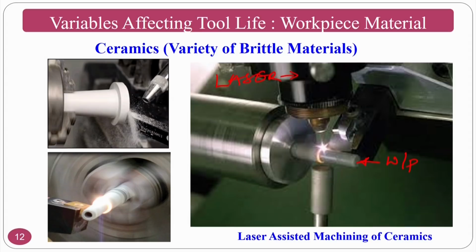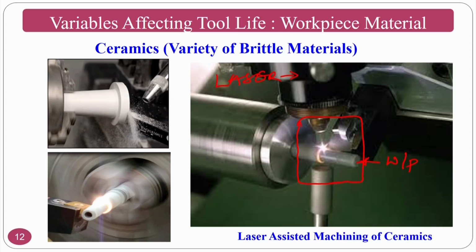You can see it in this machining region. So the workpiece is a ceramic, the laser is falling from the top, and at the bottom there is some support. If the laser falls sideways, it should not fall on the lathe bed or something. For that there will be support, and the machining is taking place.